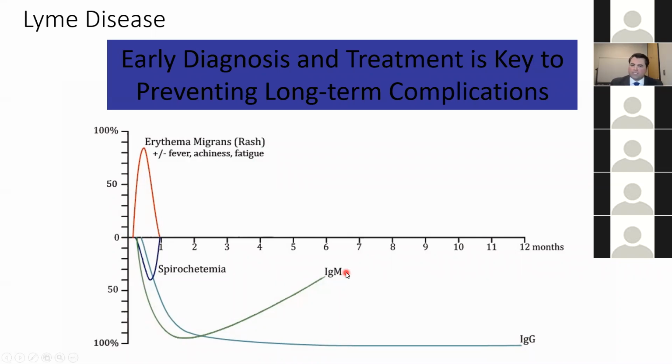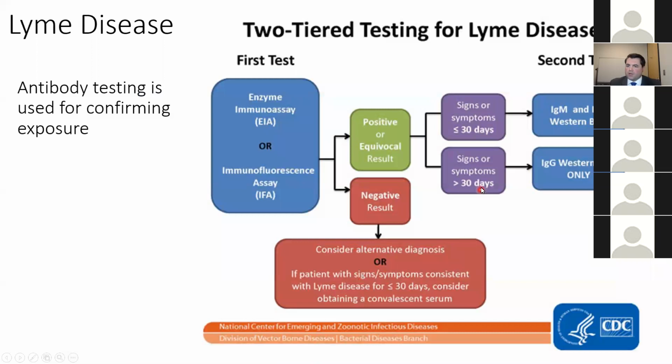And if you test a patient with IgM and IgG, and the IgG is negative and IgM is positive, that's most likely a false positive. So when you test someone that was exposed greater than 30 days ago, you'd order IgG Western blot only. The reason for that is to minimize a false positive test with only the IgM being positive and the IgG being negative.